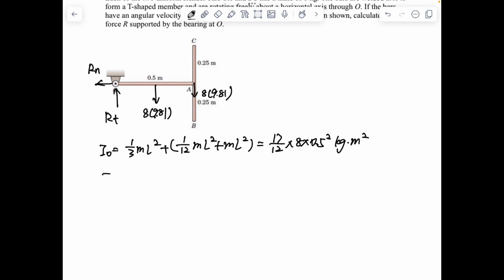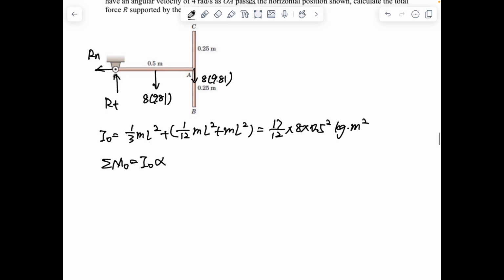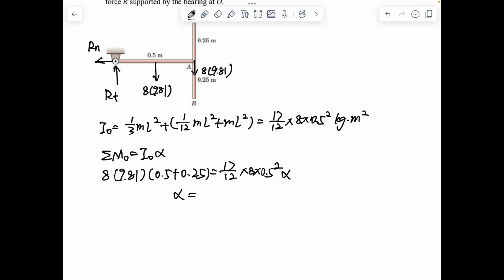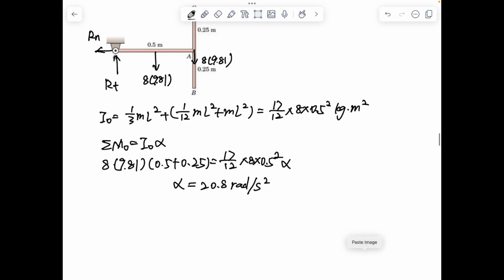Around point O, the sum of moment is equal to IO times alpha. Now we have 8 times 9.81 times 0.5 plus 0.25 is equal to 0.5 square times alpha. Now we can get alpha is equal to 20.8 radians per second square.